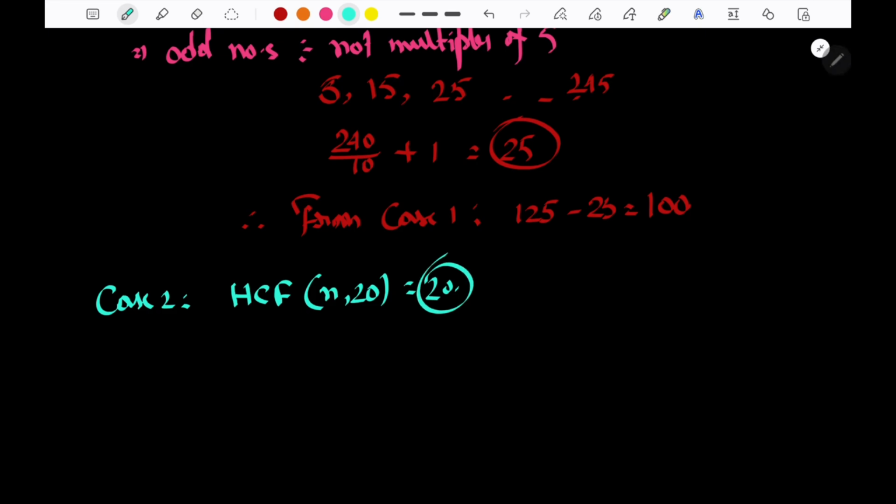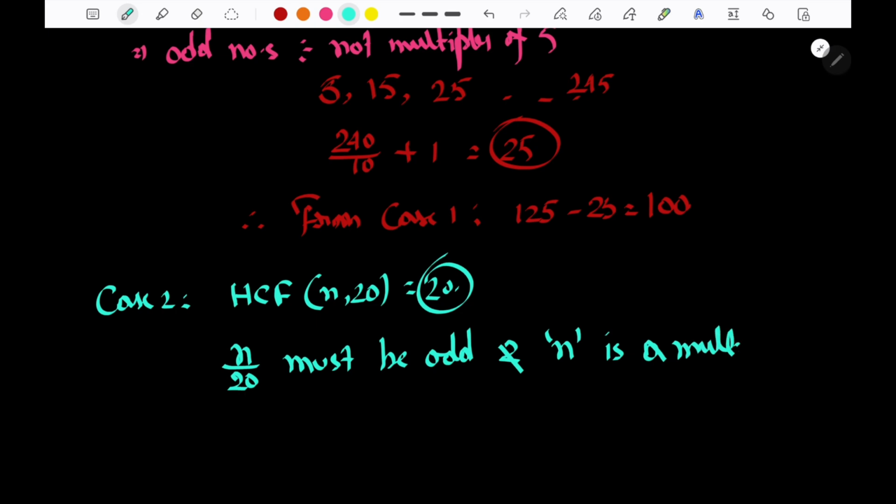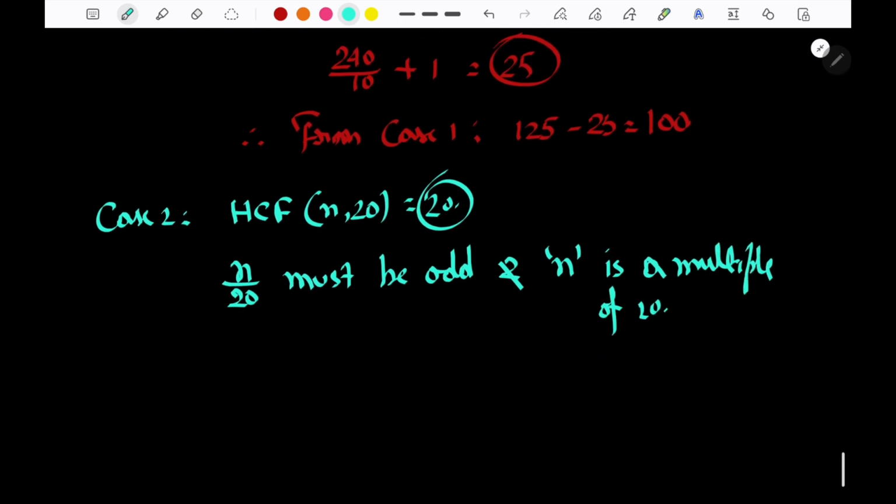So n by 20 must be odd, and n is a multiple of 20. So what is the case? It means n is equal to 20m.